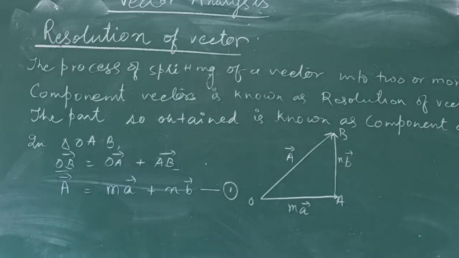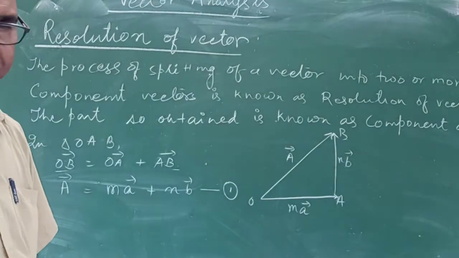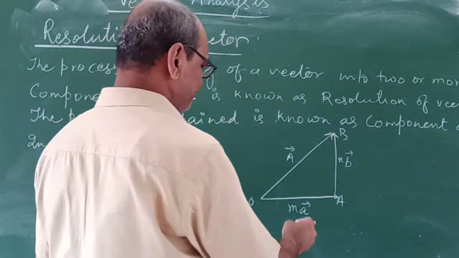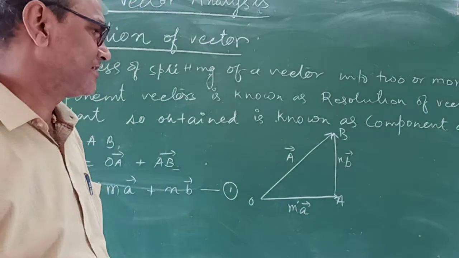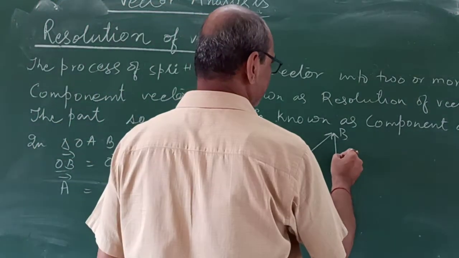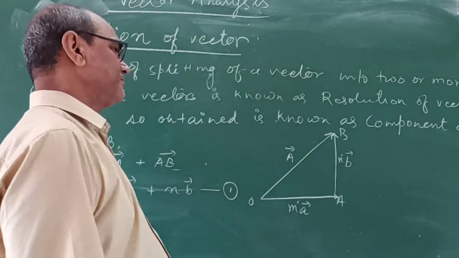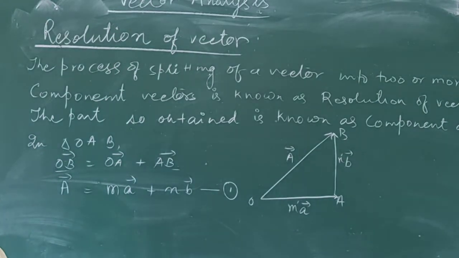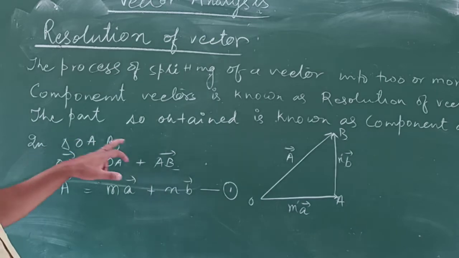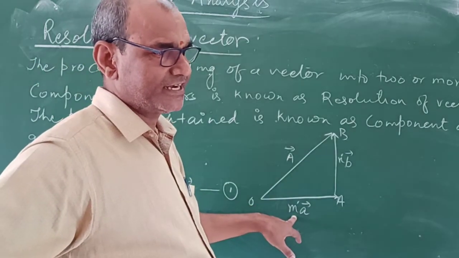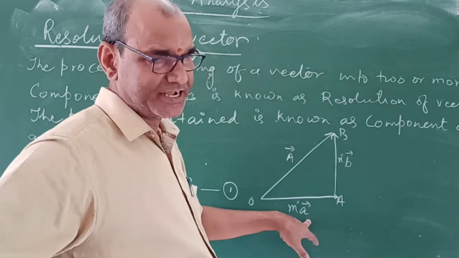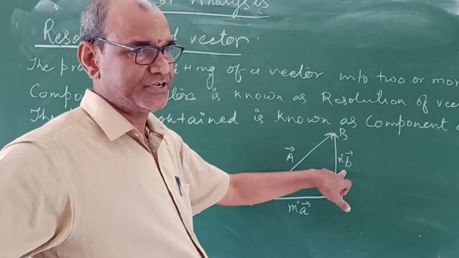Now we multiply vector a by m dash and vector b by scalar n dash. Then the equation becomes vector a multiplied by scalar m dash, that is m dash times a, and n dash times b.